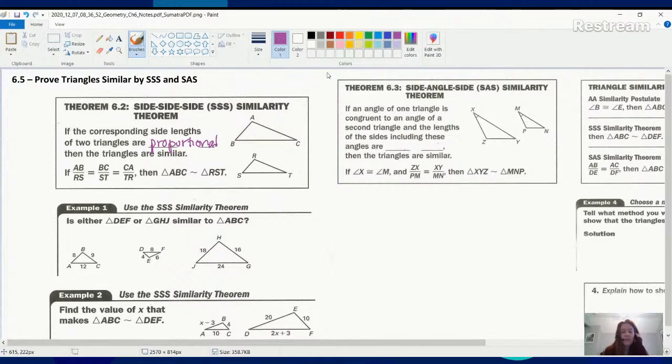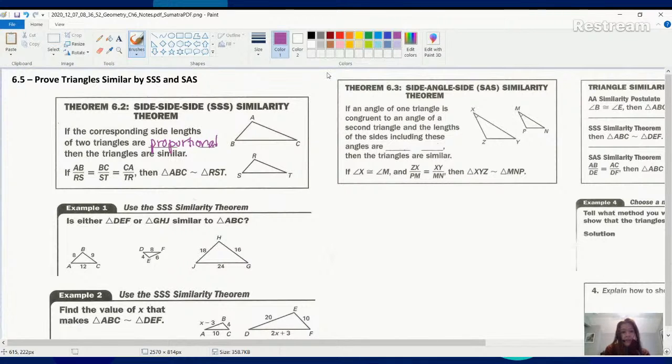So if we're trying to figure out if two triangles are similar to each other and we're not sure, originally when we were talking about proportionality, we had to check all the angles, right? And then all the sides. That's true for any figure that's similar. When you're talking triangles in particular, as long as all of the side lengths are proportional, we don't have to check the angles.